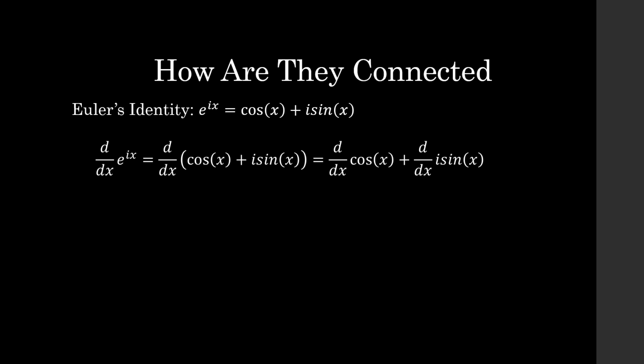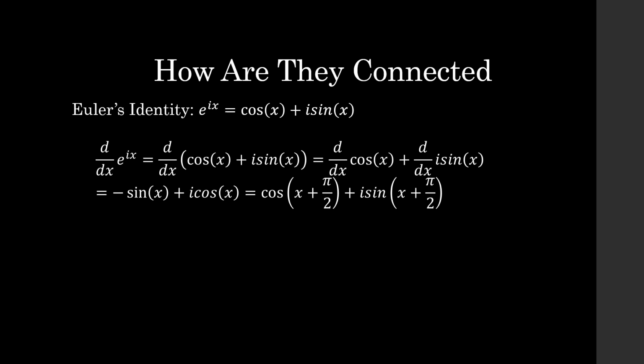Then by the linearity of the differential operator, we can parse that out into the derivative of cosine and the derivative of i sine. Deriving both, we get negative sine from cosine and plus i cosine from i sine.